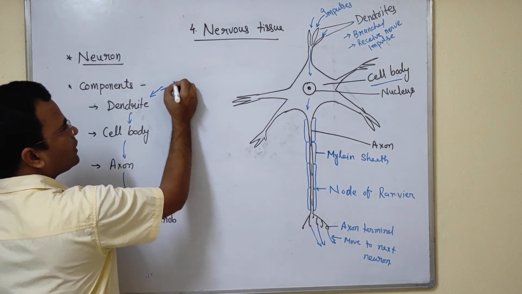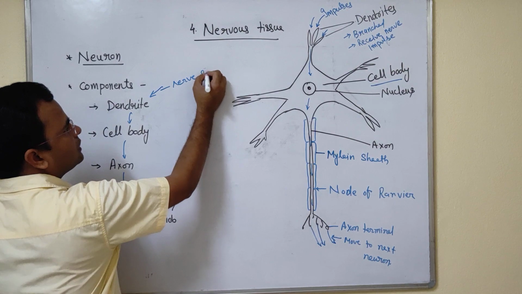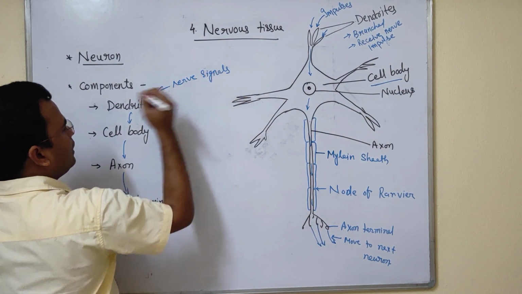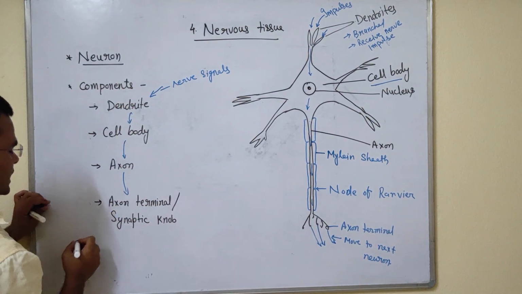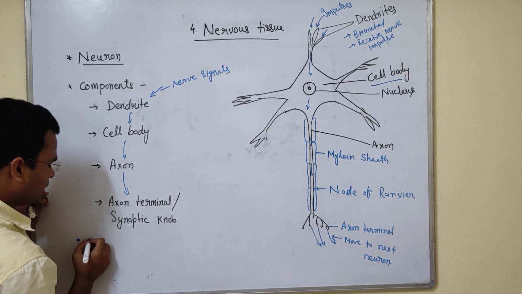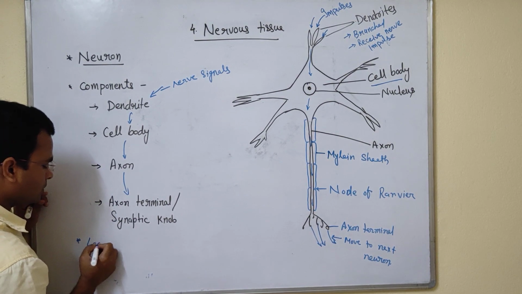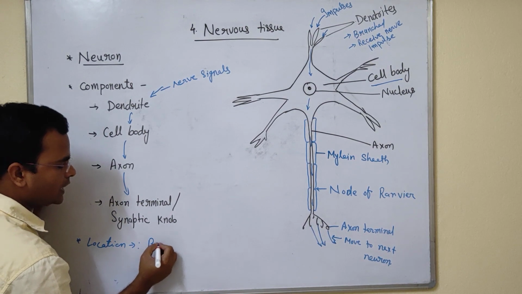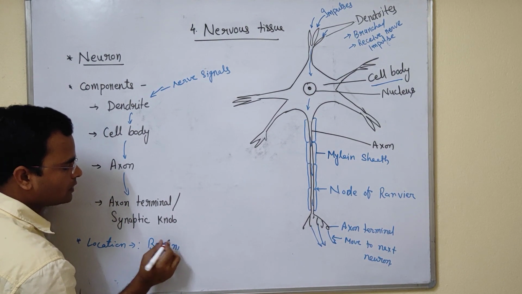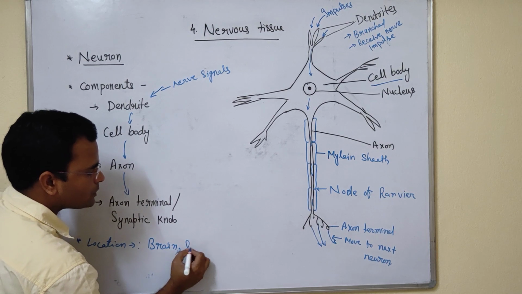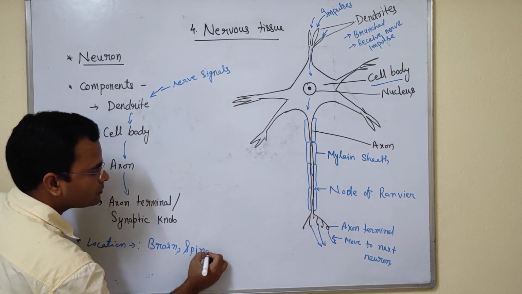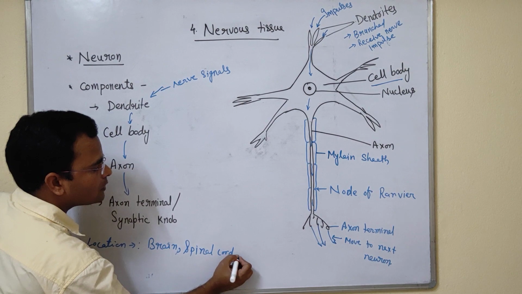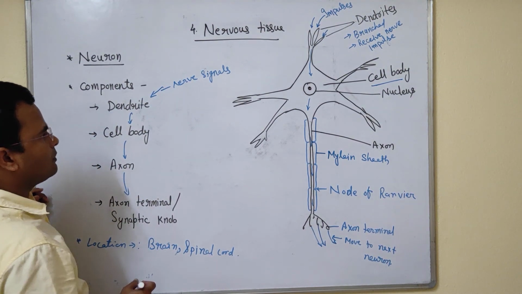So these are the nerve signals. Where will it be present? The neurons will be present in the brain, in the spinal cord, etc. Brain and spinal cord it will be present.